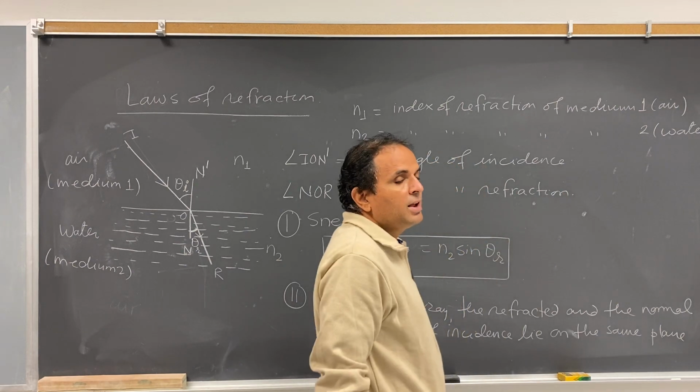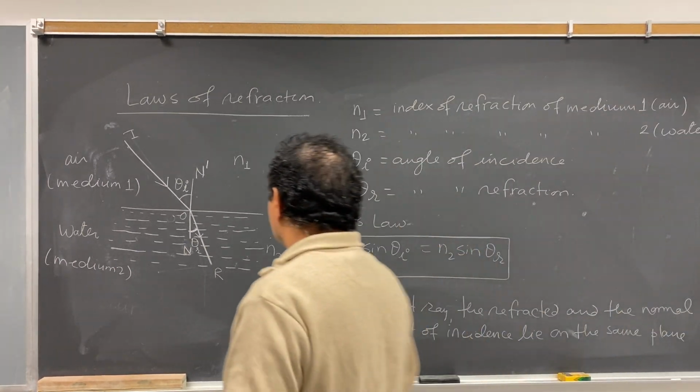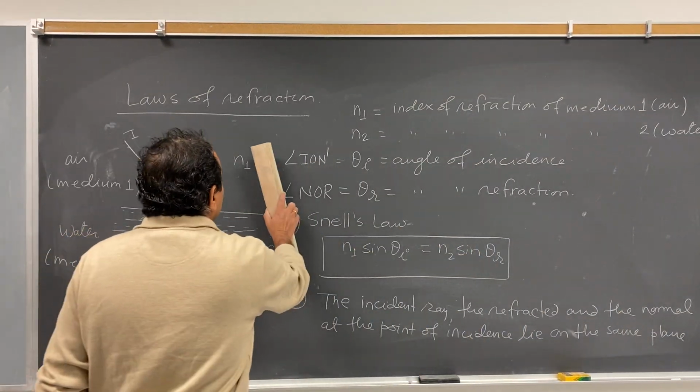Again, the incident ray, the refracted ray, and the normal at the point of incidence lie on the same plane. Okay, this is the second law, and there is another one we can write down like this.